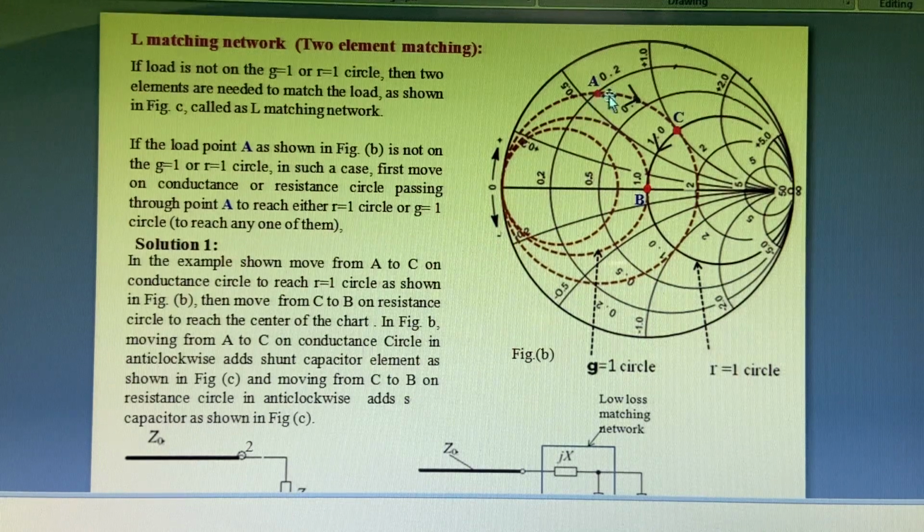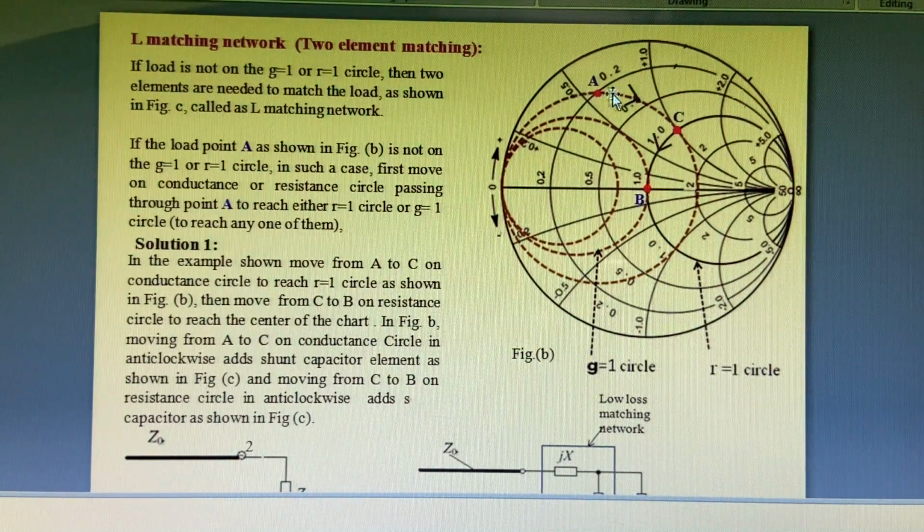It is not on the R is equal to one circle or G is equal to one circle, because the circles passing through this point A are the G is equal to 0.5 circle and the R is equal to 0.2 circle. So what we have to do: first, we move from A on the resistance circle or on the conductance circle.